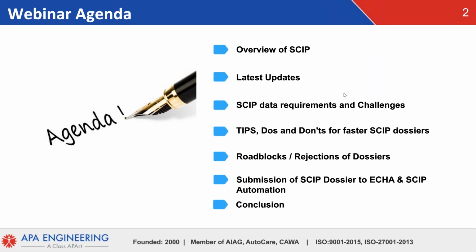We'll walk you through the data requirements, along with some tips on do's and don'ts for faster SCIP dossier submissions. We'll discuss some of the roadblocks and rejections that we've encountered as we have been working within SCIP. We'll discuss how to automate your SCIP dossier submissions. And finally, we'll wrap up with a conclusion.